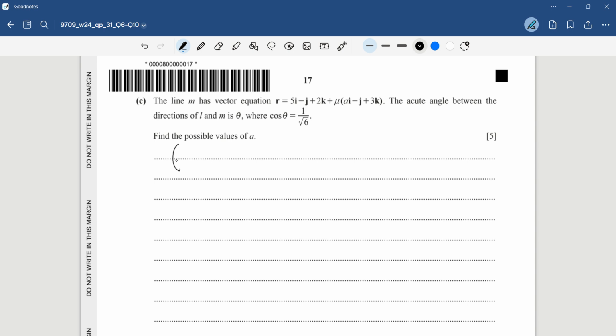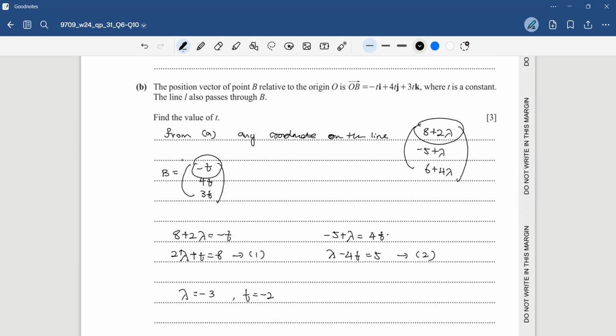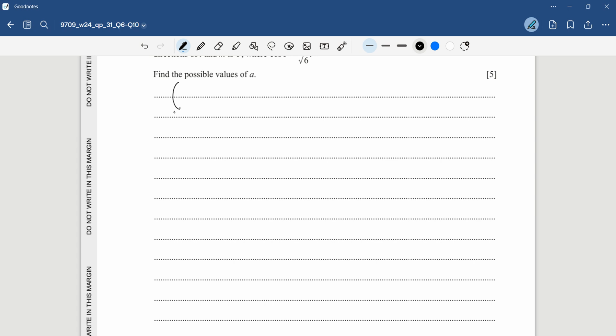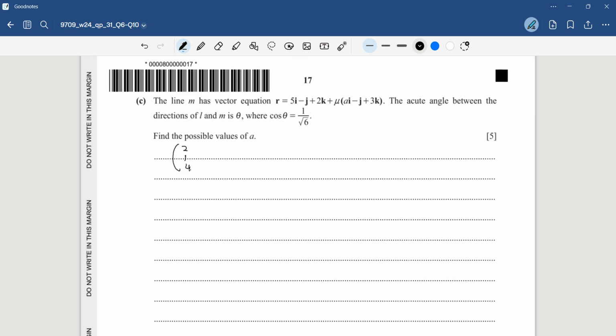The initial direction vector just now is (2, 1, 4), so (2, 1, 4) dot (a, −1, 3) equals the square root of (2² + 1² + 4²) times the square root of (a² + (−1)² + 3²) times cos theta. This is the formula.